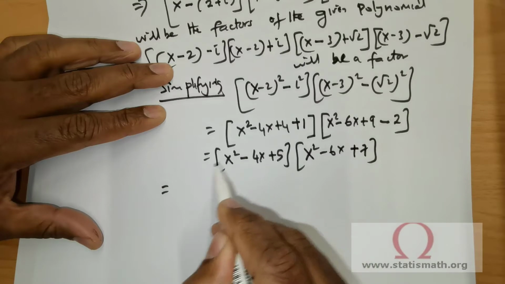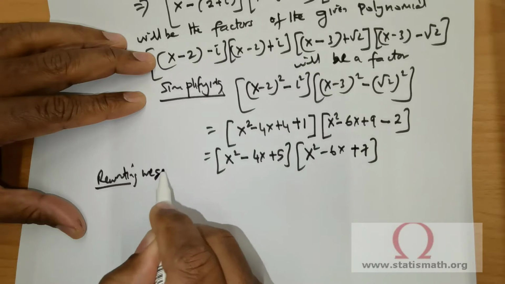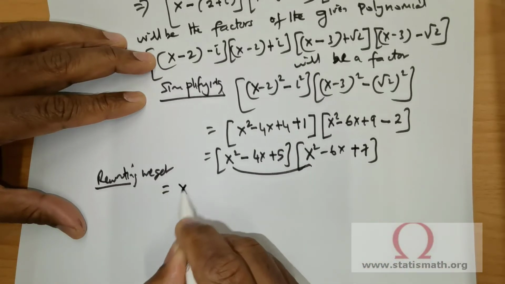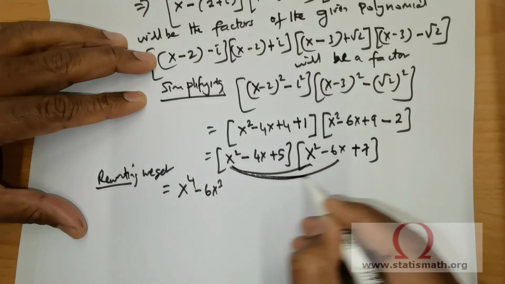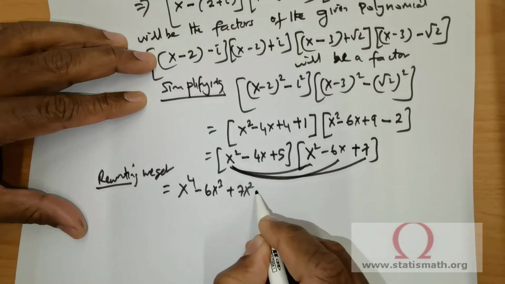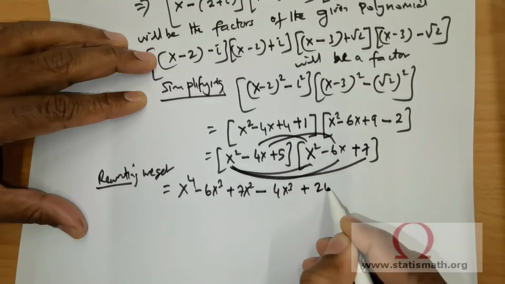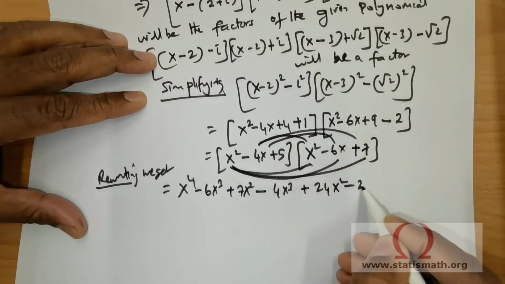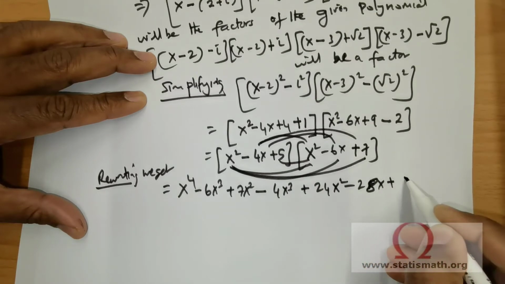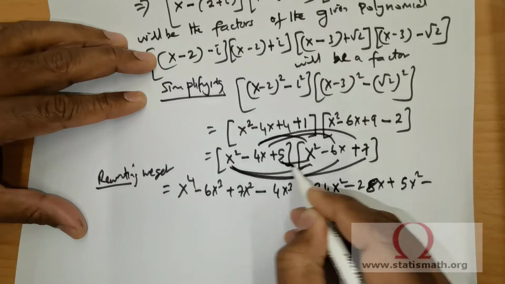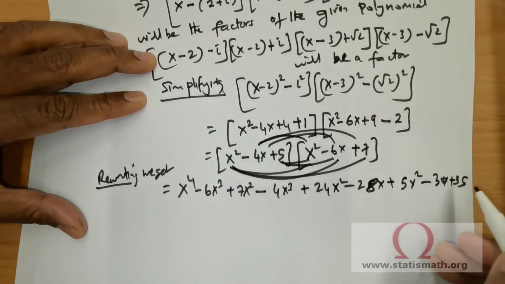So I'm going to rewrite this. I multiply x^2 by x^2, which gives x^4 and x^3 terms, plus 7x^2, then −4 times x^3 + 24x^2 − 28x, then +5x^2 − 30x + 35.